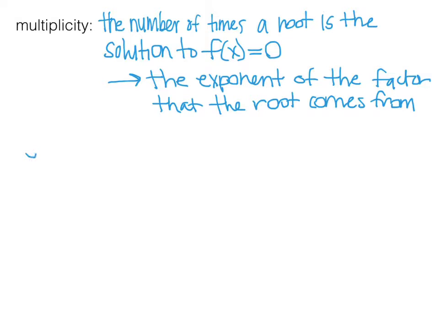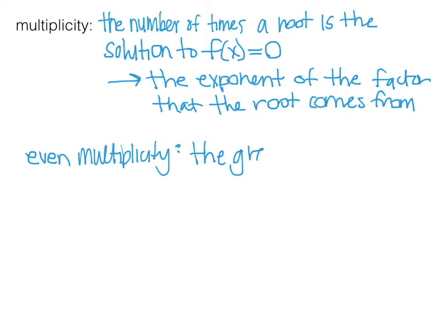If you have an even multiplicity, that means that my graph is going to just touch the x-axis, but not actually cross through.